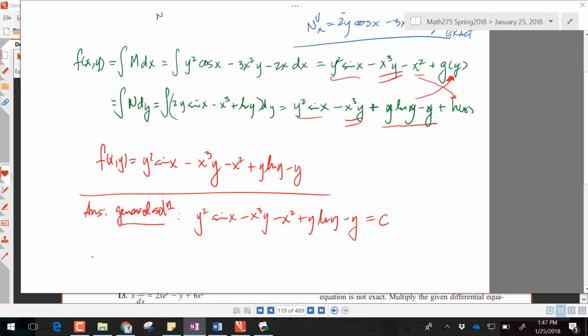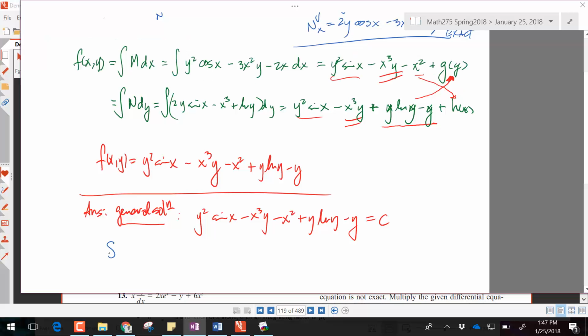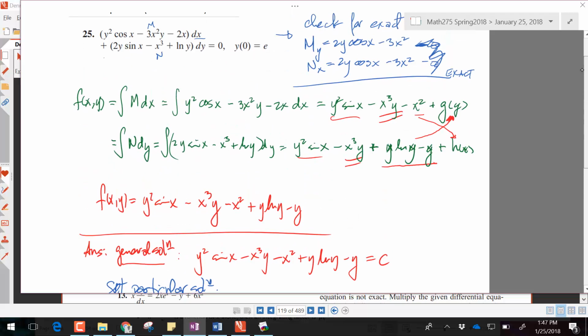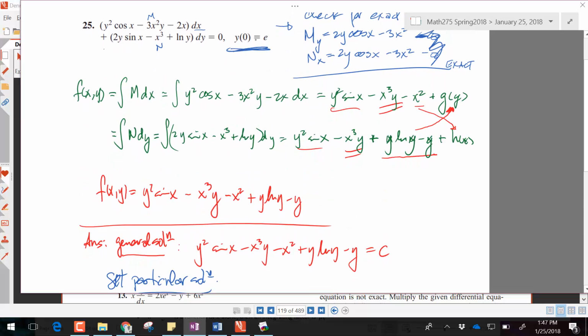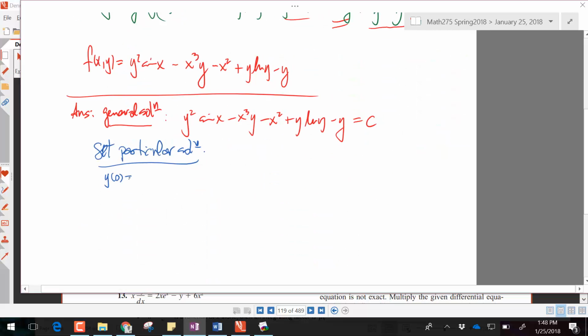So now, to get our particular solution, we use our initial condition, which I think is y of 0 is equal to e. So that means when x is equal to 0, your y is equal to e.